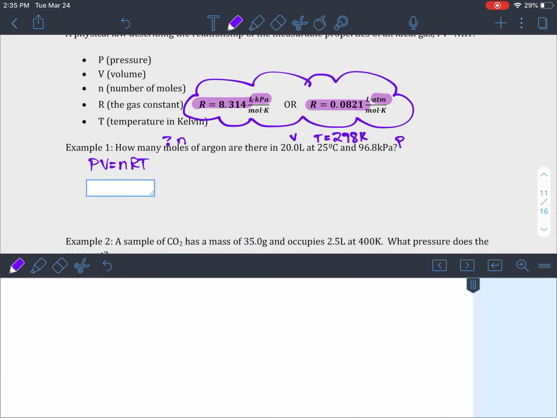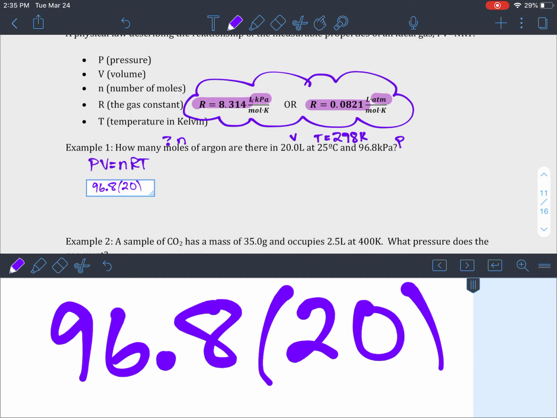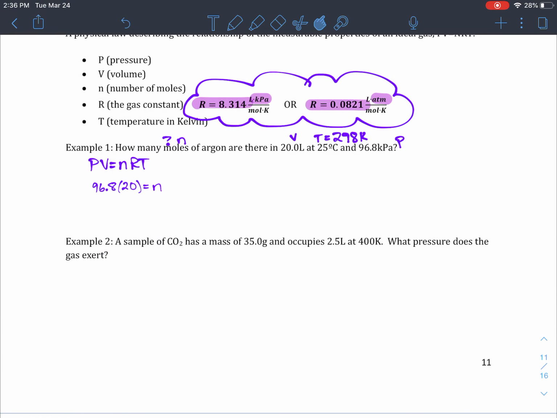So the pressure in this one is 96.8. We multiply that by our V, or our volume, which was 20 liters. That is set equal to n, which is number of moles. I'll just put an n there for now, or you could put an x there. Times our constant, our R value.